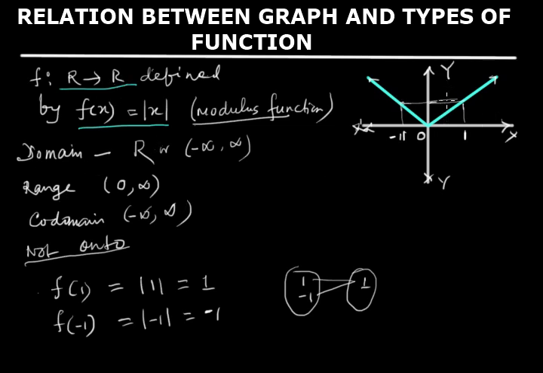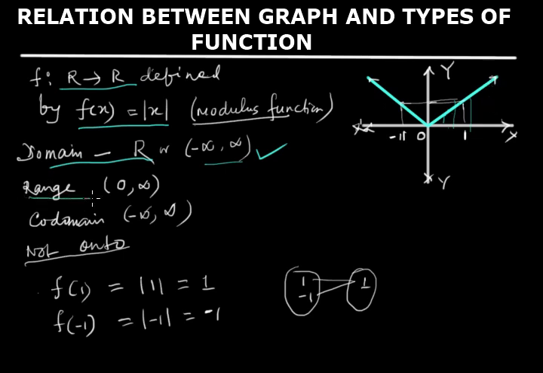And we see, if you test from any point on the x-axis, the real number axis, at every point of x, if you draw a vertical line and it cuts the graph, that means for every x there is an f(x) or y. So we can say the domain is all real numbers, that is, minus infinity to plus infinity. For every value of x we are getting a value of y.